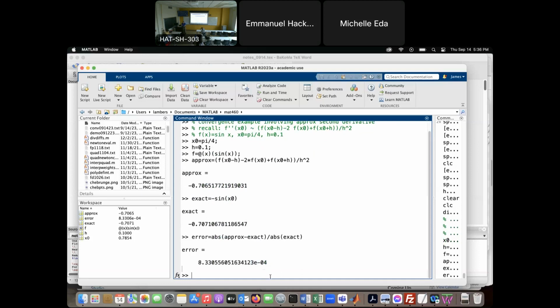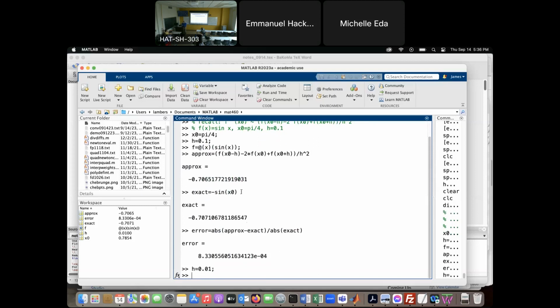Now let's see what happens if I use a smaller value of h, because ideally, this approximation should converge to the exact value of the second derivative as h goes to 0. Before I had h being 0.1, so now I'm going to do 0.01. And then I use the up arrow to compute the approximation again with the new value of h.